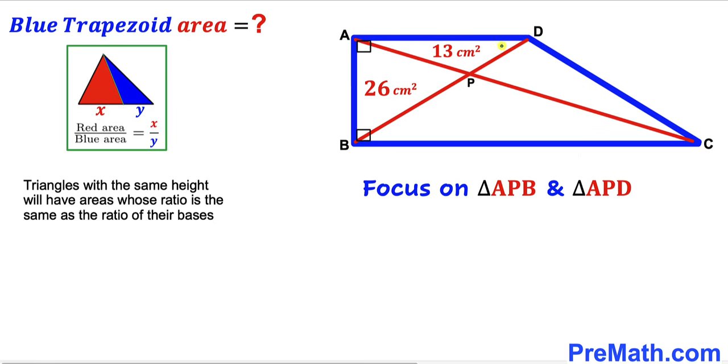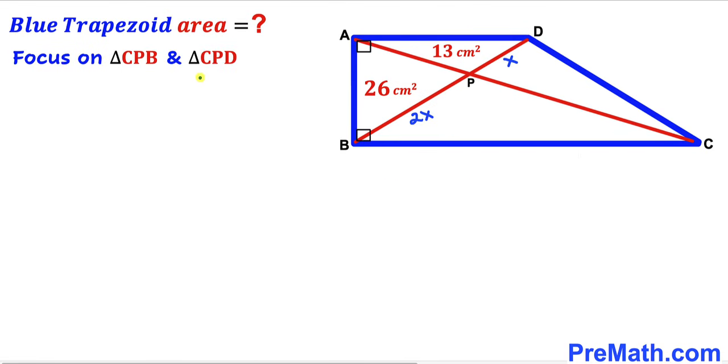So their area ratio is 1 to 2. Therefore we conclude that if we label the base of this triangle as x, then this base is going to be 2 times x. And bear in mind both of these triangles have the same height.